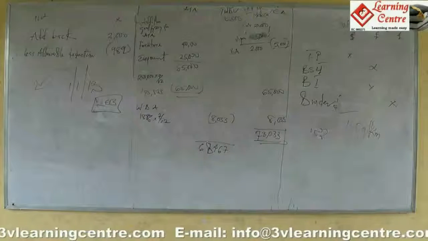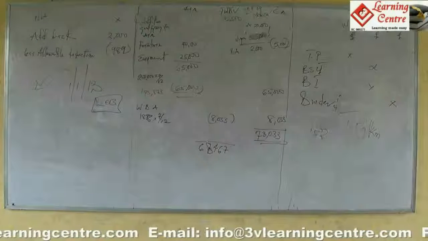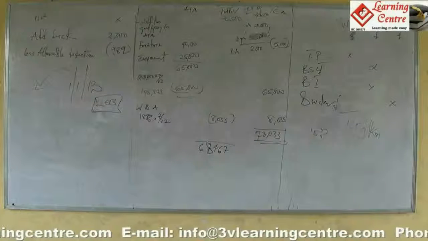The last line, that's 25,000. Turn it to 250,000.